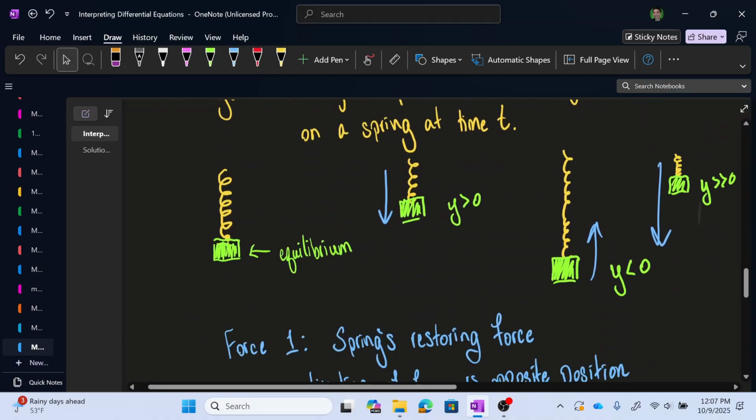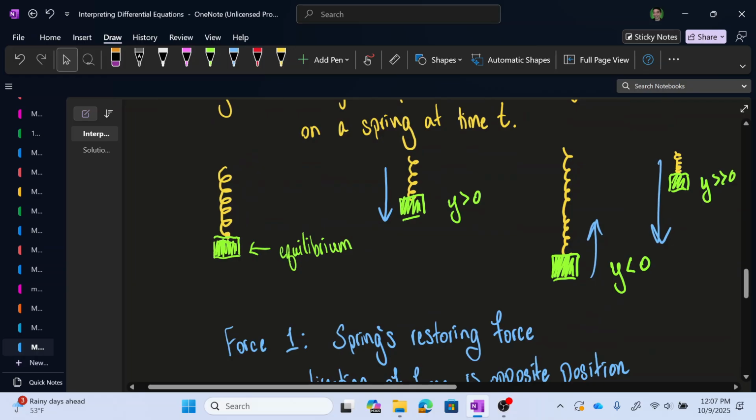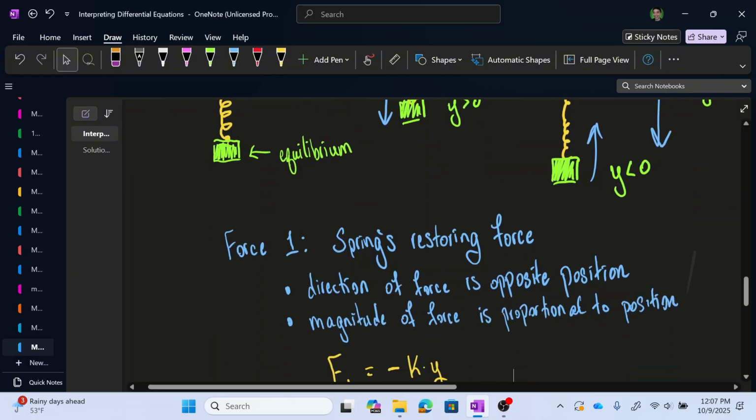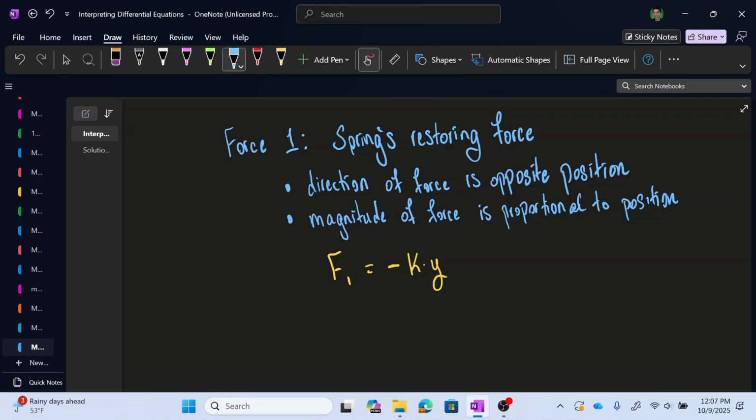Now, in a scenario like this one, there is potentially another force acting on this object as it moves, and that is whatever force might be imposed by drag, air resistance, or fluid resistance.